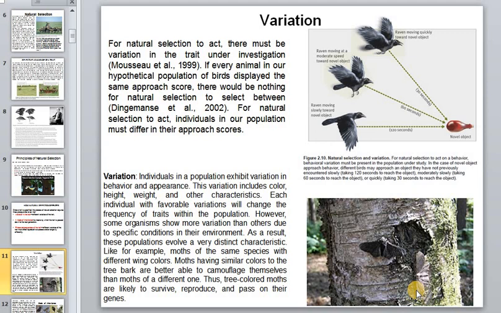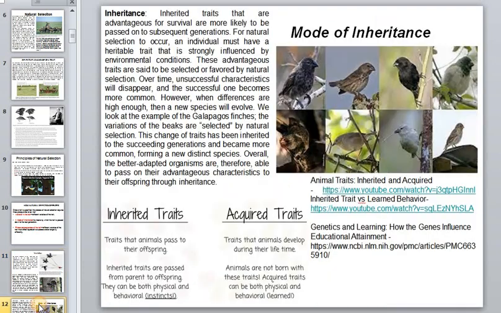Take color: moths having colors similar to the tree bark are better able to camouflage themselves than moths of a different color, and thus these moths are likely to survive, reproduce, and pass on their genes.